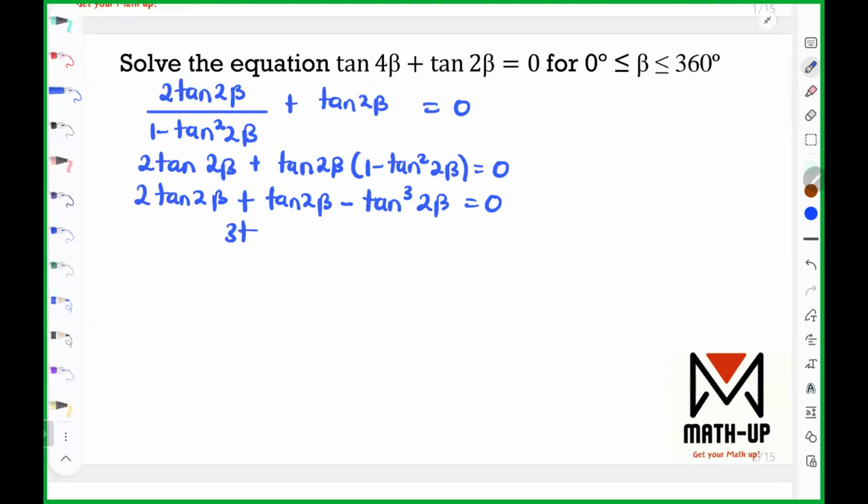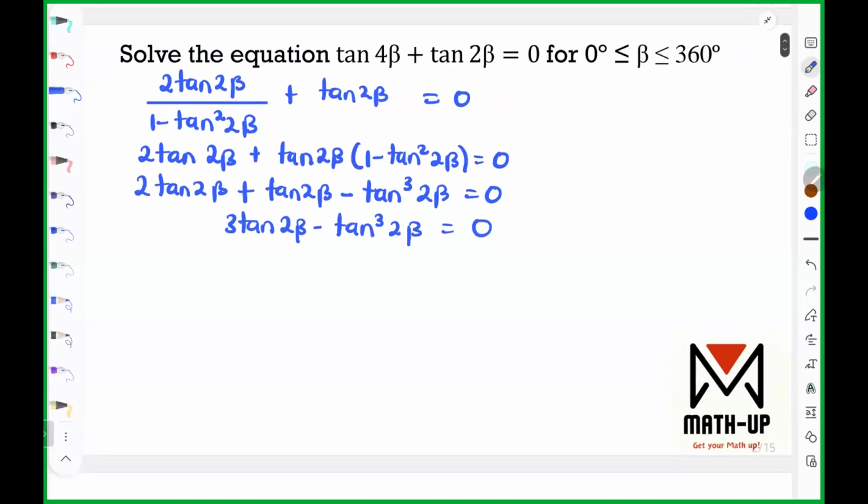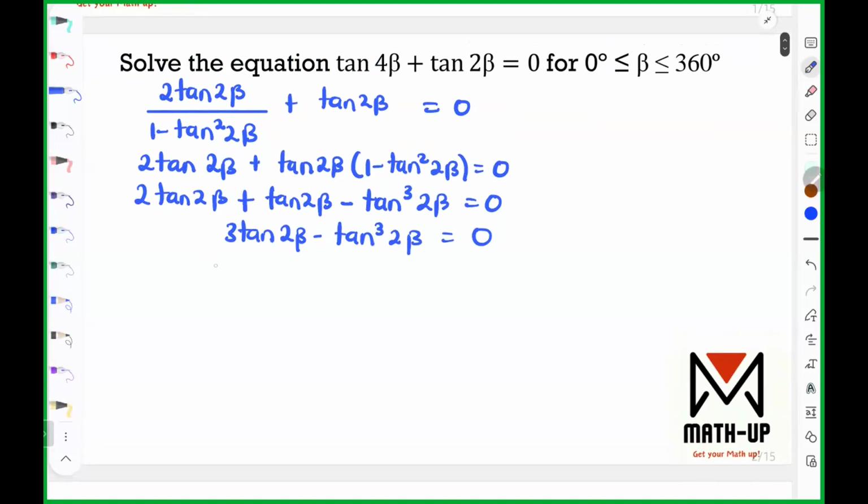So I have 3 tan 2 beta minus tan cubed 2 beta is equal to 0. I can factor out tan 2 beta since it's a common term. So I'll have tan 2 beta into 3 minus tan squared 2 beta is equal to 0.